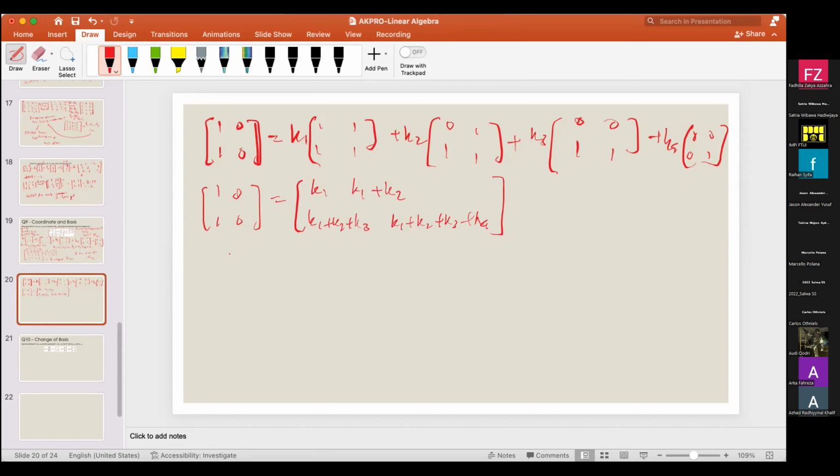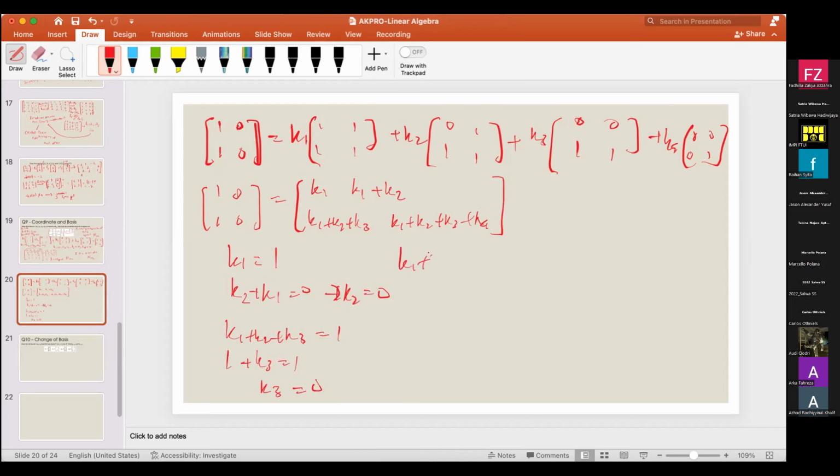Therefore, we can conclude that K1 is 1, and K1 plus K2 equals 0, so K2 is 0. K1 plus K2 plus K3 equals 1, so 1 plus K3 equals 1, and K3 is 0.